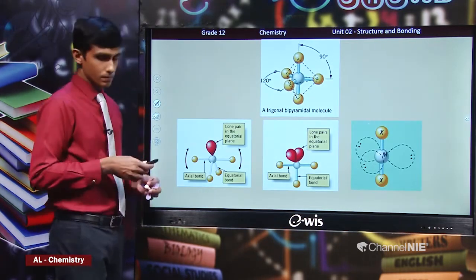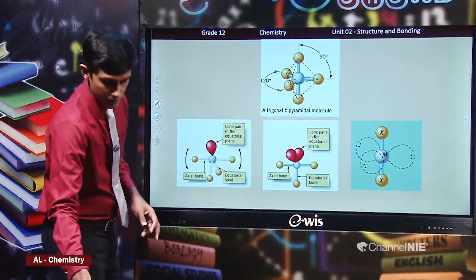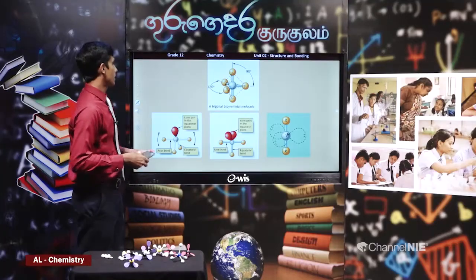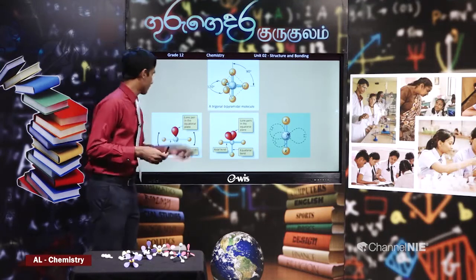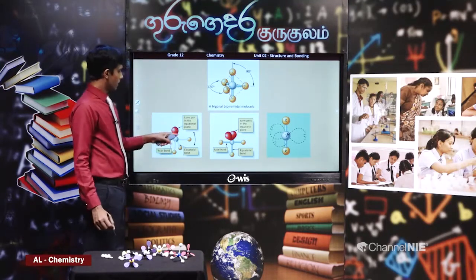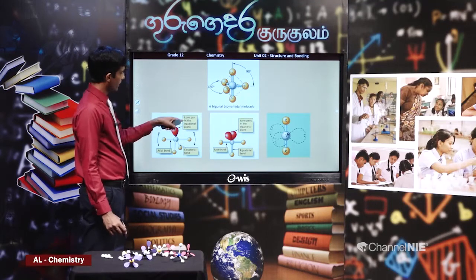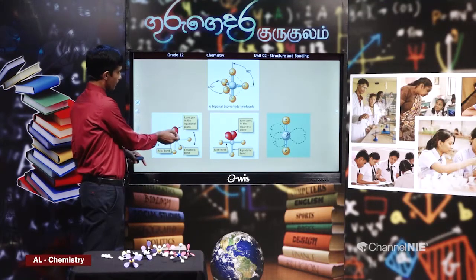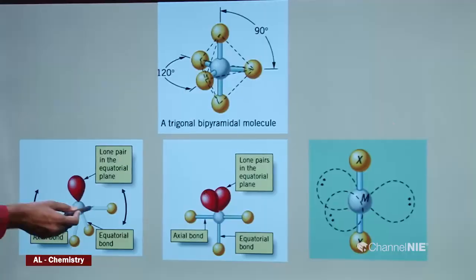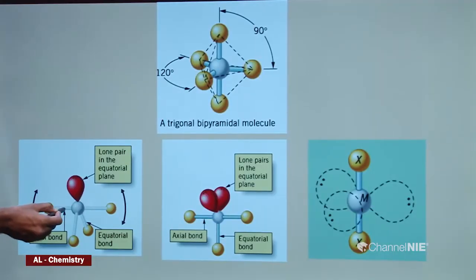Now you can see in this one, trigonal planar geometry, when you have lone pairs, when the lone pair is present here, in the equatorial plane, with axial bonds there, then the lone pair is further away from the other electron pairs.